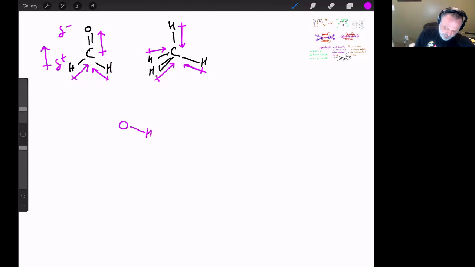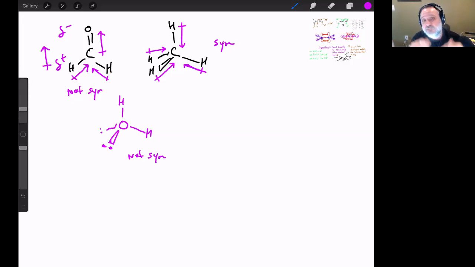All right, what's this business with water? So if I take water and I show you the bent geometry of water, go ahead and add the tetrahedral structure that has the 2 lone pairs, we get the same sort of situation. This molecule was symmetrical. This molecule is not symmetrical. And this molecule is not symmetrical.